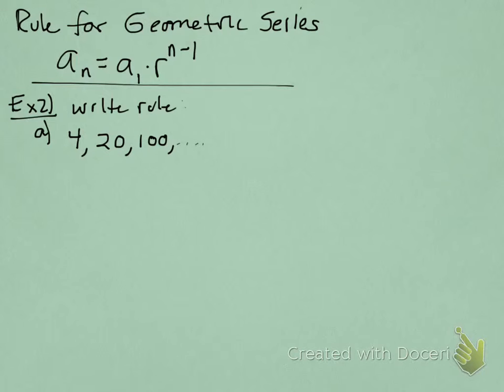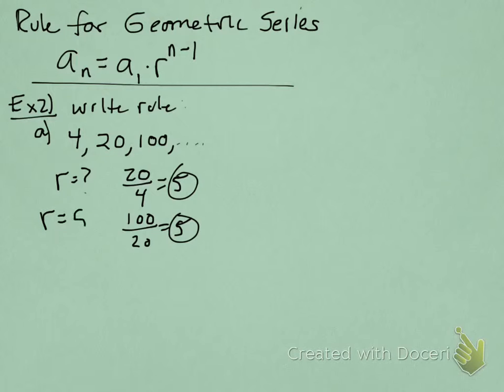So, in order to do this, I have to figure out what is my common ratio r. To do that, we're going to divide consecutive terms. If I divide 20 by 4, I get 5. Same thing as if I divide 100 by 20, I still get 5. That common ratio is r. So right now I know my r value is 5.